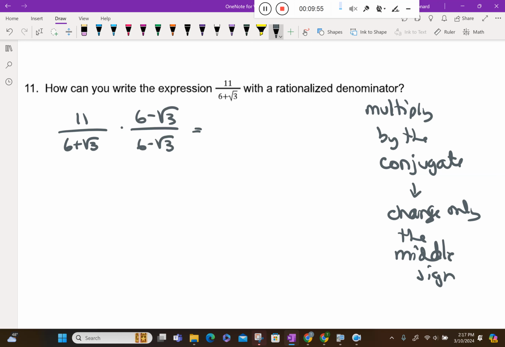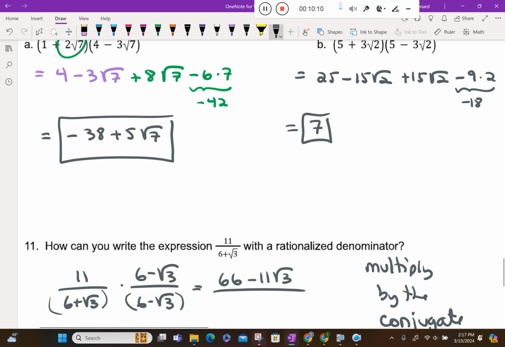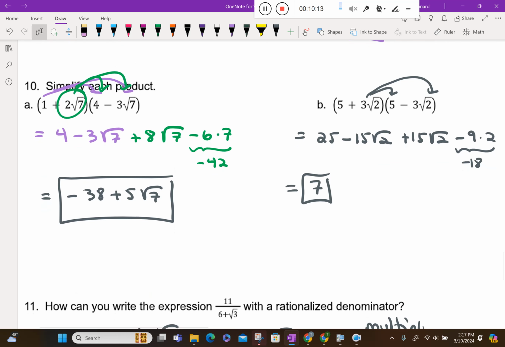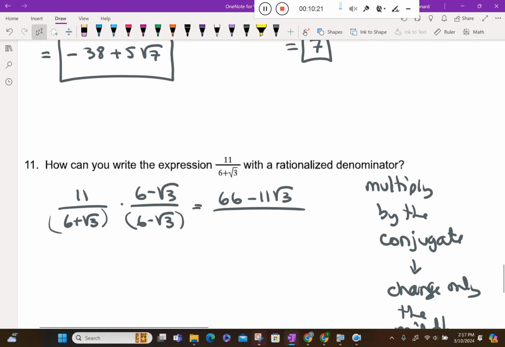Well, 11 times 6 is 66, and 11 times negative root 3 is negative 11 root 3. In the denominator, it's like those two binomials, but you might recognize this as being a difference of squares, much like this last problem we looked at in 10b was a difference of squares. If you look at that product, it's the same two terms, but one time they're adding and another time they're subtracting.